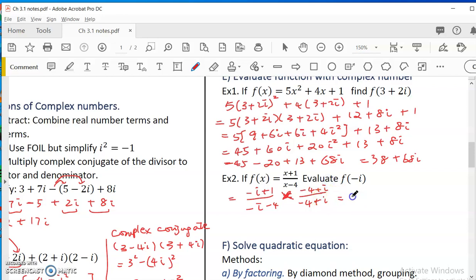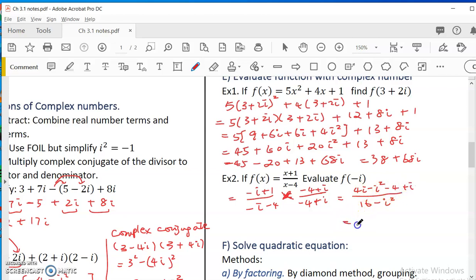So it's just a matter of FOILing the top and then multiplying the conjugate at the bottom. The bottom would be negative 4 squared, which is 16, minus i squared, so it would become plus 1. The top would be, okay, negative i times negative 4, it would be 4i. Negative i times plus i would be minus i squared, so 1 minus 4, 1 plus i.